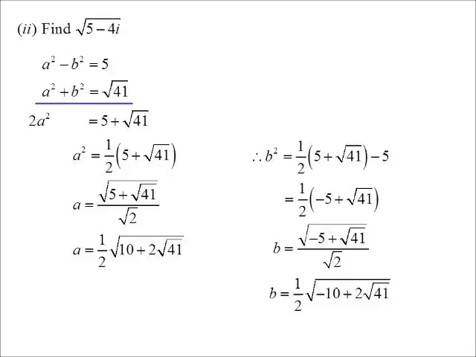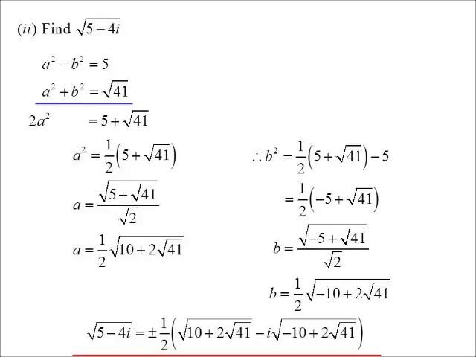So therefore b turns out to be half the square root of negative 10 plus 2 root 41. So there's my square root of 5 minus 4i. Plus or minus a half square root of 10 plus 2 root 41. The imaginary part's negative in this one, so it'll be minus i root. That is a correct answer, by the way. But it's probably easier to work out the first way we saw it.